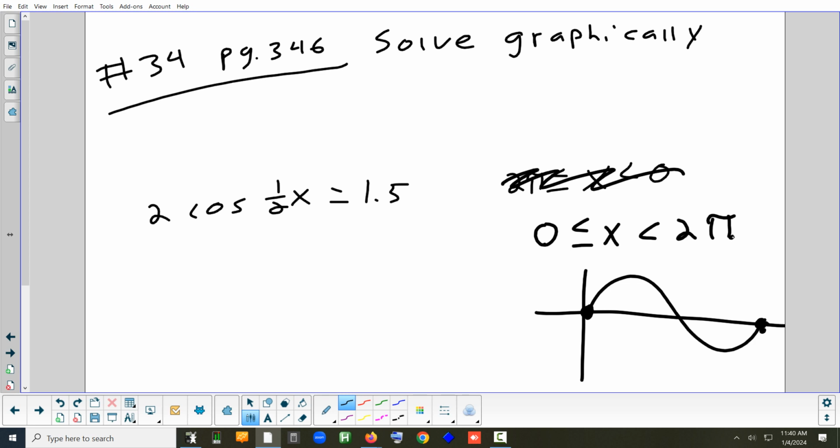So is that going to be a problem here? No. No, why not? It's vertical stretch. Because it has a vertical stretch. So this is not going to go from negative 1 to 1. It's going to go negative 2 to 2. So it will hit 1.5. If that 2 wasn't there, then this would be a no solution. Cosine would never hit 1.5. But with the 2, it will.